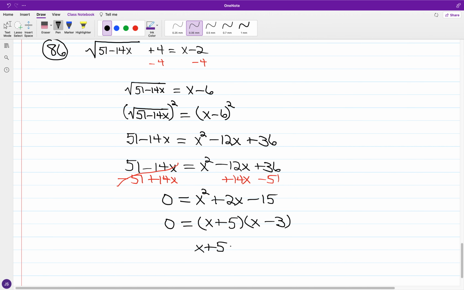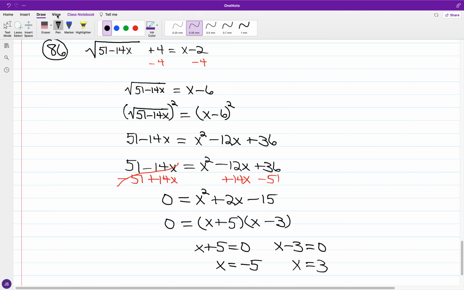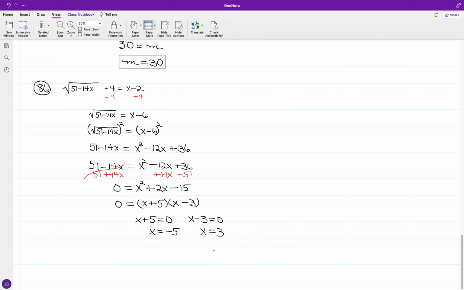So we got x plus 5 is equal to 0. Now we will have an apparent solution of negative 5. And if we had x minus 3 is equal to 0, we had x is equal to 3. So we have two apparent solutions, negative 5 and 3.